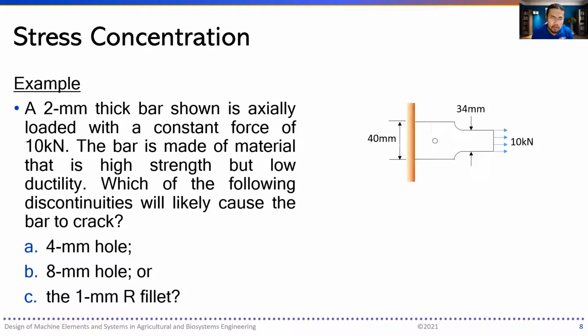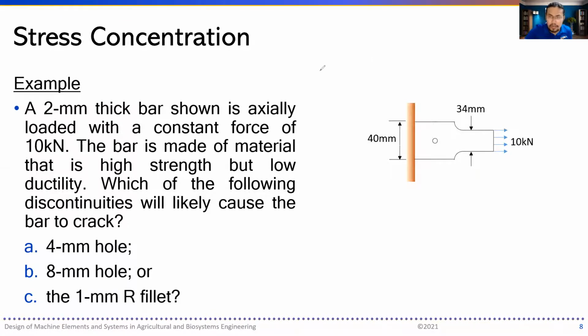Is it in the hole? What if the hole is 4 millimeters in diameter, or if the hole is 8 millimeters in diameter, or if it will happen in the fillet portion of this bar? So let's try to annotate this one.